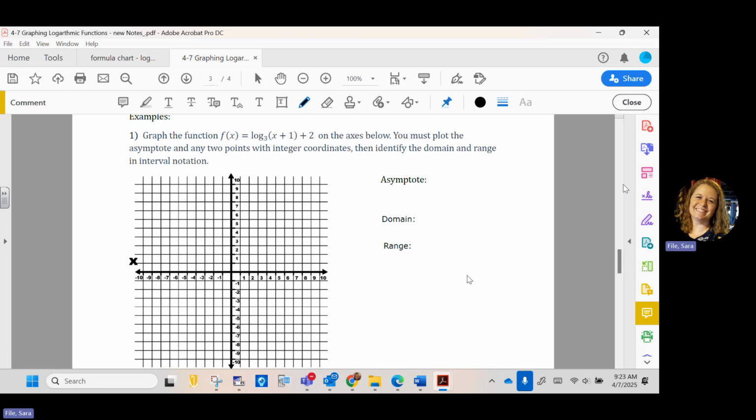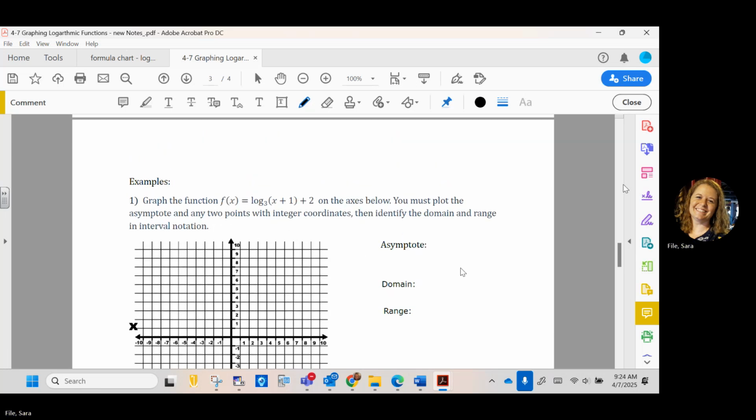Okay, oftentimes you'll be able to get 3 or 4 points depending on where they are, because we want to plot points that are integer values, okay, not decimals or fractions. Okay, so as a reminder, this is similar to all of our functions we've learned all year. Your a is the coefficient in front being multiplied, and then you have your function, in this case, a log of x.